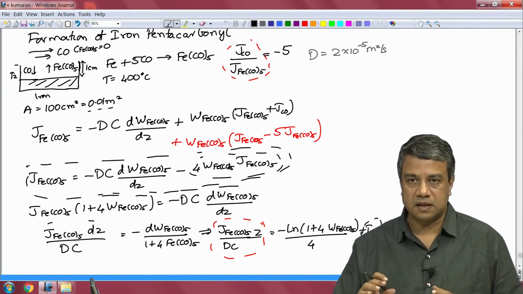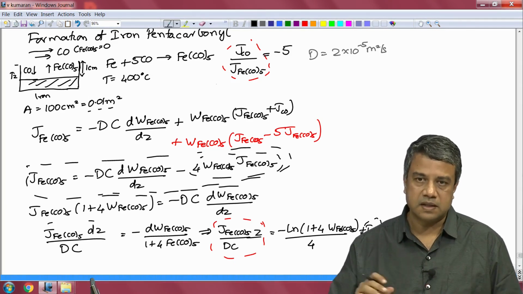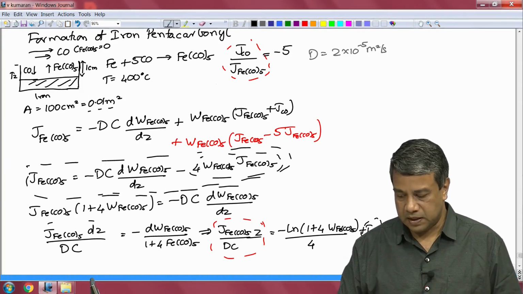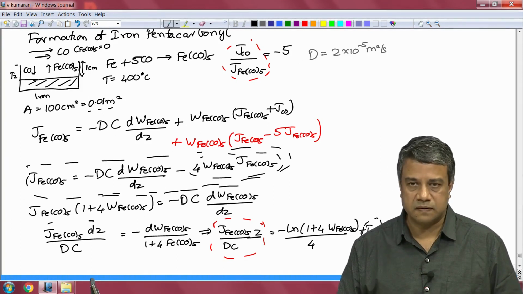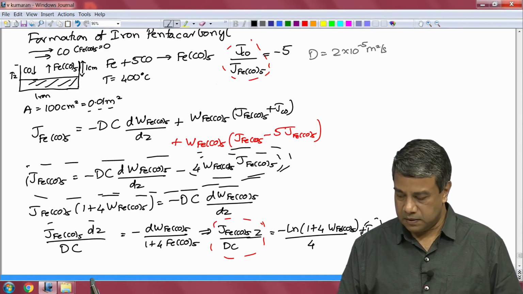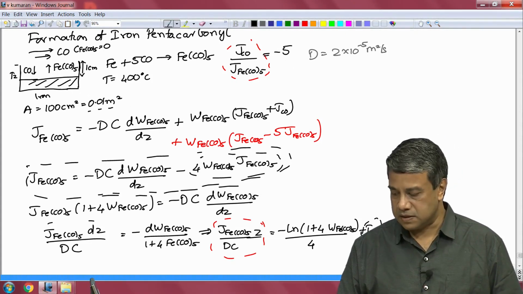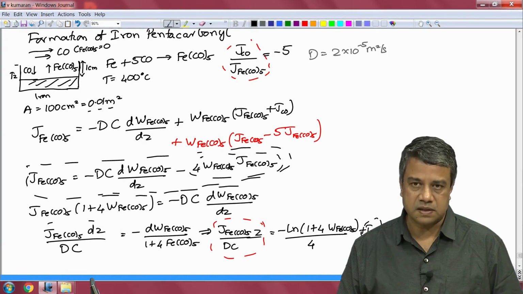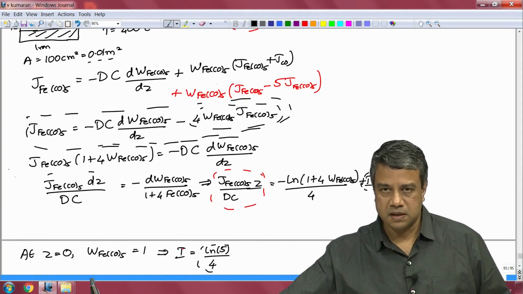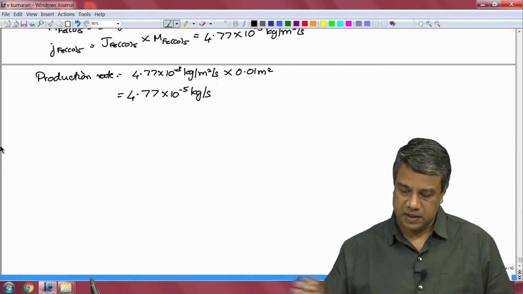So, you do not get a linear relationship between the flux and the gradient of the concentration when there is binary diffusion and a mean flow is generated. This is the way that one would solve this and get a solution which in this case is an exponential solution. The variation in concentration is related to the flux, and the flux is related to the log of the mole fraction. So, these are two examples of binary diffusion where we cannot neglect the mean flow.